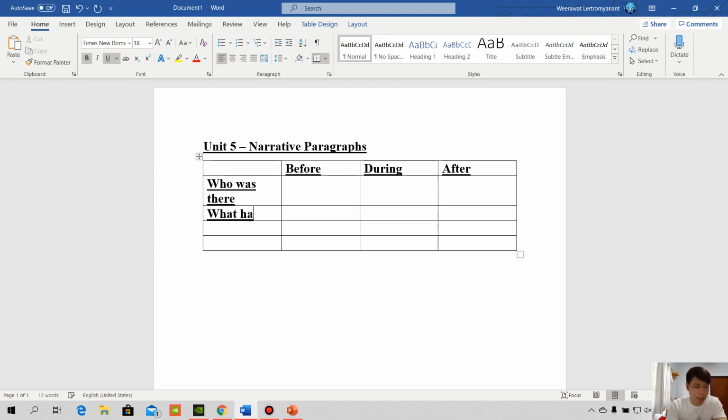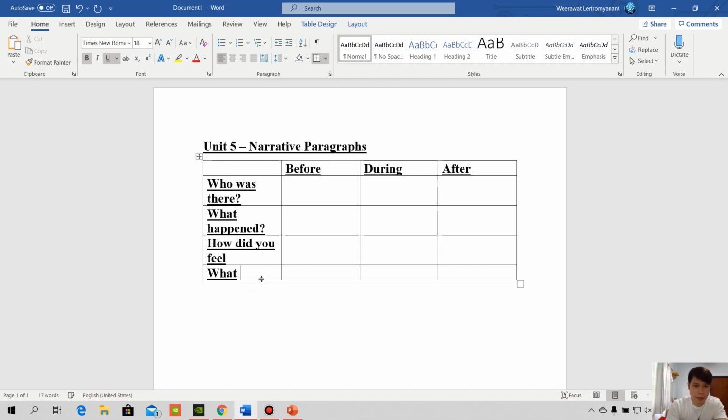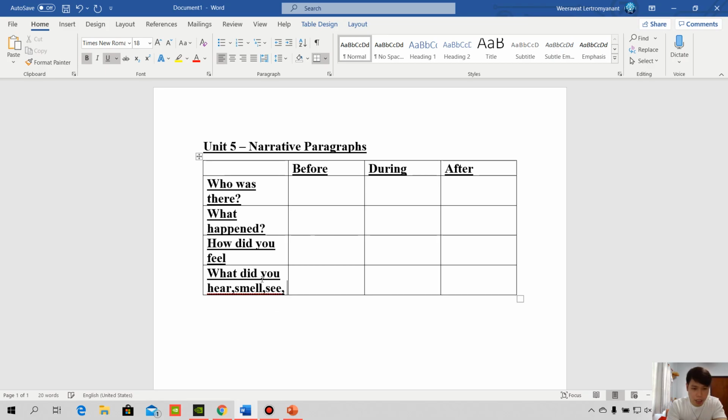You can look at the tense they use for each question: they are all past simple. How did you feel, and what did you hear? Oh, this one is very interesting: hear, smell, see or taste. It covers the human senses.